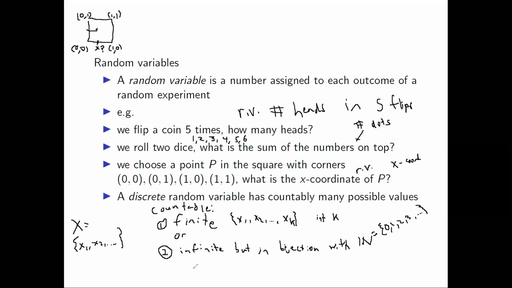So in the case that they're infinite but in bijection with the natural numbers, it means that there exists some map f from X to the natural numbers, and this map must be a bijection.